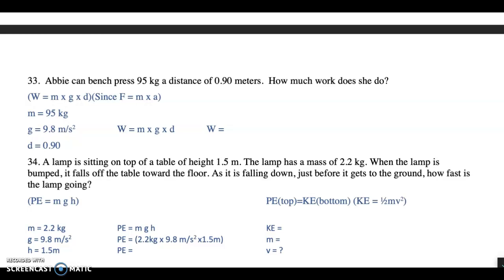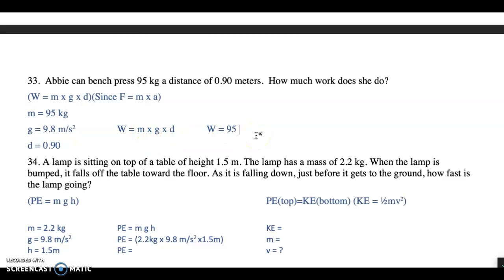Now we're getting into some fun stuff. So remember, work is equal to force times distance. And since force is equal to mass times acceleration, a is equal to acceleration due to gravity here because it's going straight up and down. This is my equation: mass times gravity times distance.